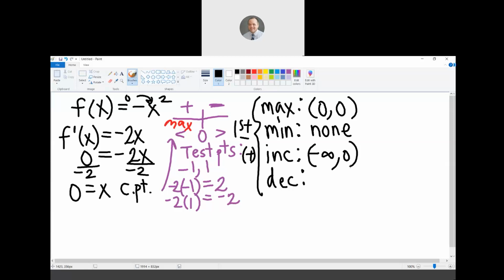Now, the negative sign on our sign chart for the first derivative test indicates where our graph decreases. So since that's greater than 0, the interval decreasing would be from 0 to positive infinity.